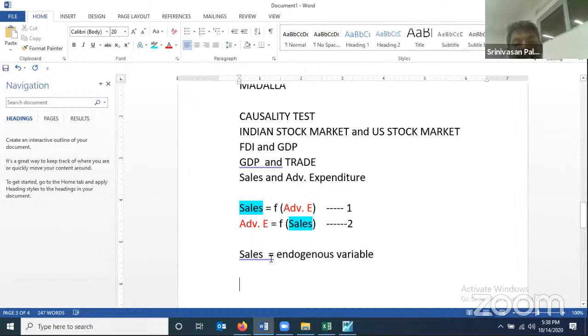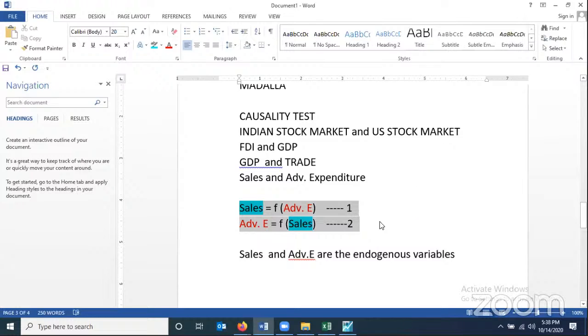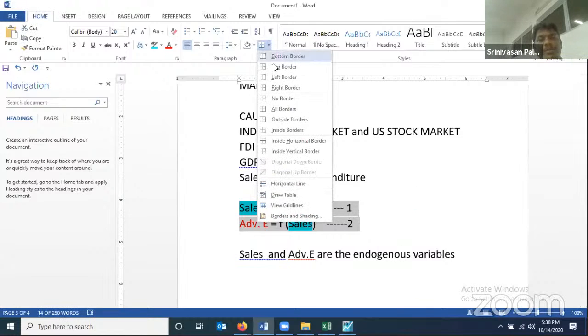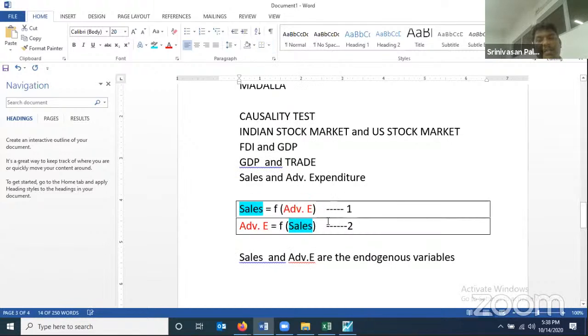So sales and advertisement expenditure are the endogenous variables. This is a system.